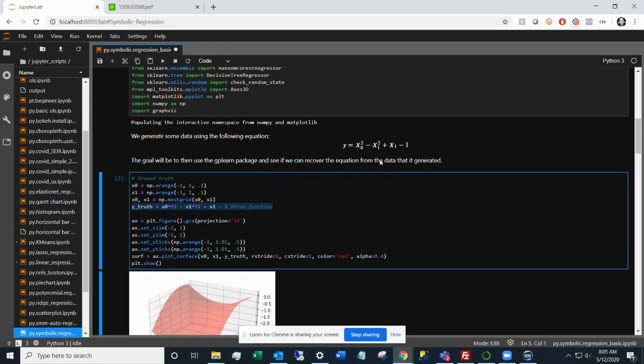So we're cheating in a way that we know the exact equation, and that's how we generate the data. But we are not cheating when it comes to actually applying the method, because we're just going to present the data that we generated to the method, and we're hoping, if things work out, that the method will reveal this equation back to us. So we're going to be able to recover the equation from the data.